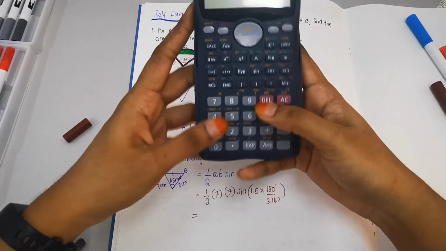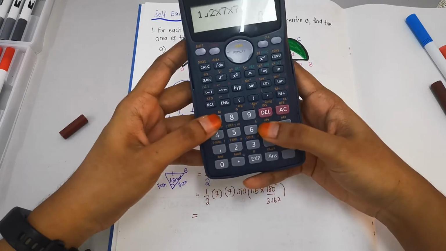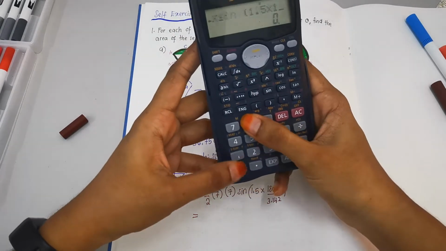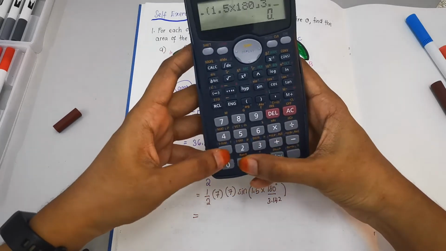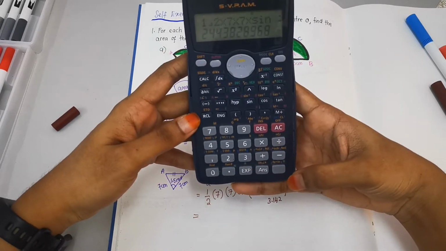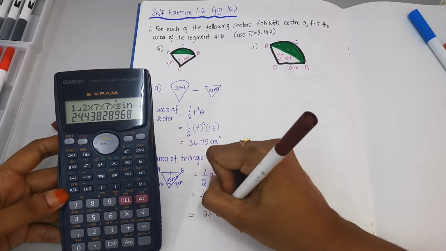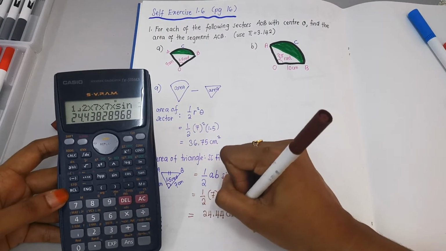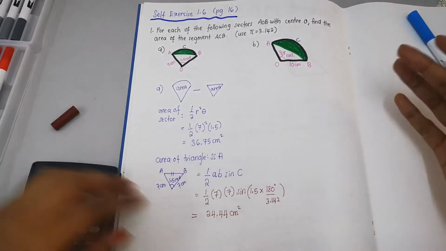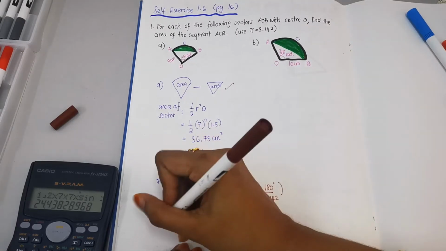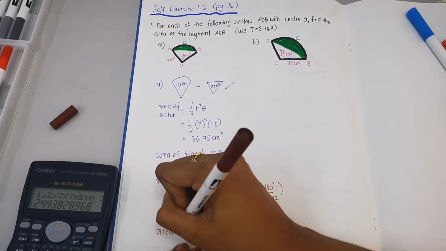So now let's find 1 over 2 times 7 times 7 times sine of 1.5 times 180 over 3.142. Okay, so I get 24.44 centimeter square.